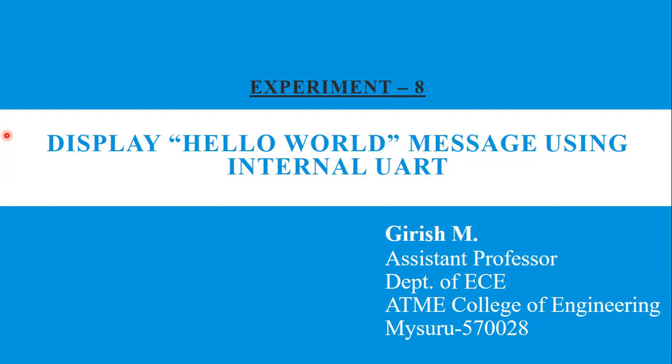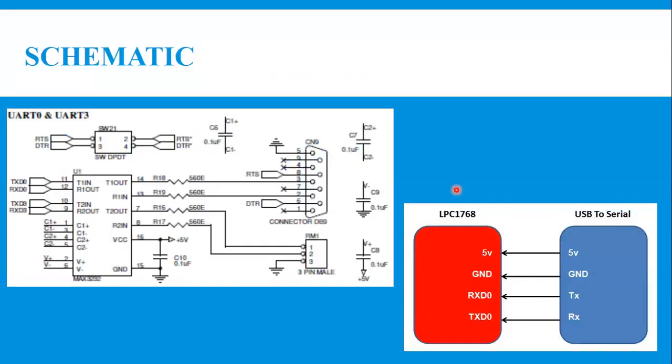In this video tutorial, I am going to explain how to make use of serial communication using UART. The aim of this experiment is to display a hello world message using the internal UART in the LPC1768. The LPC1768 has four inbuilt UARTs, namely UART0 to UART3.